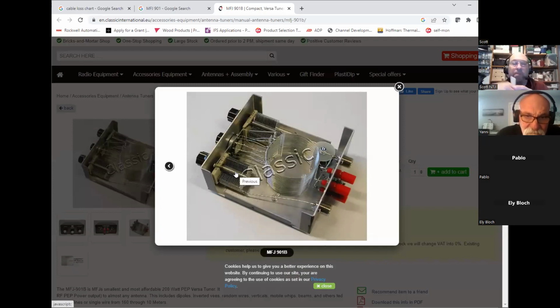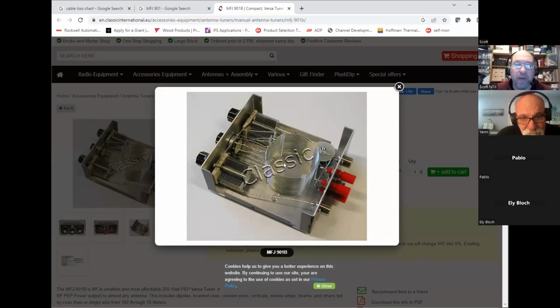Notice they have a bunch of parallel plates, and a capacitor is basically parallel plates. By turning them, they either mesh or unmesh, which changes the amount of capacitance between the plates. Fully meshed is maximum capacitance, and fully unmeshed is minimum.